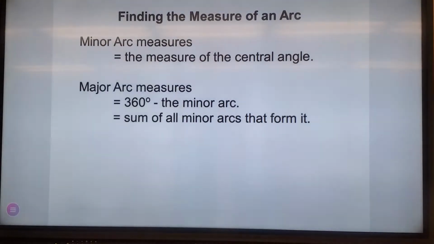Okay, so let's say I have only 2 pieces of a circle, and I have one big arc and then one small arc, I could just take 360 minus that small arc and then be done. Okay. However, other spots I'm going to have just a whole bunch of minor arcs that we're going to go ahead and add together. Okay. So again, you have to look at what kind of situation you have.